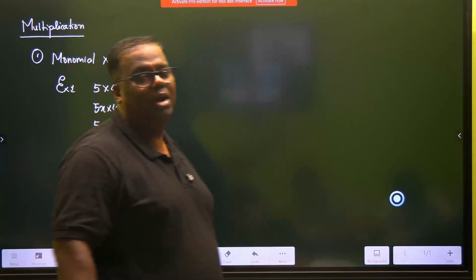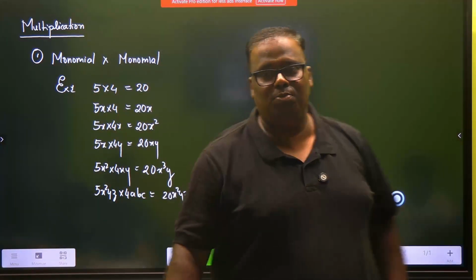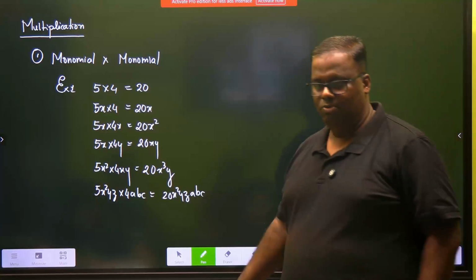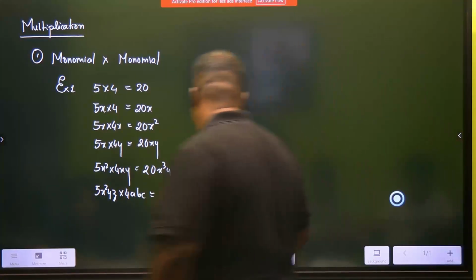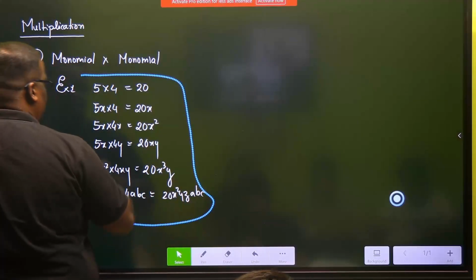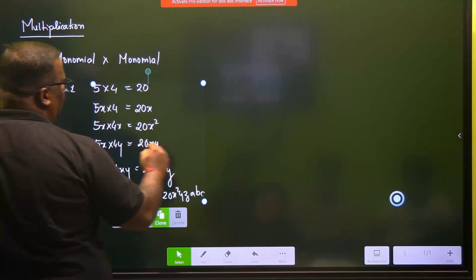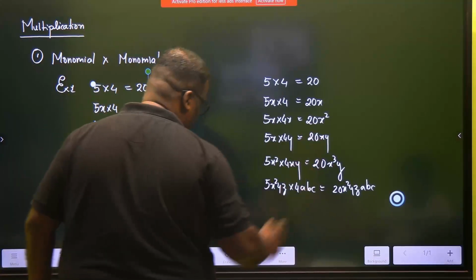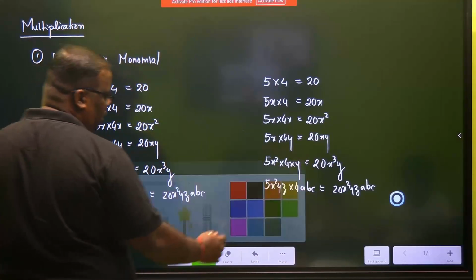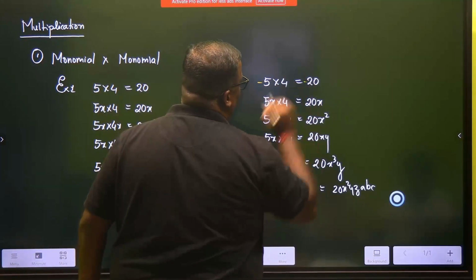And if there are minuses involved, please handle the minus as per the rules: minus times minus is plus, and so on. I am colouring the expressions, and after that, if it was minus 5, then it becomes minus 20.